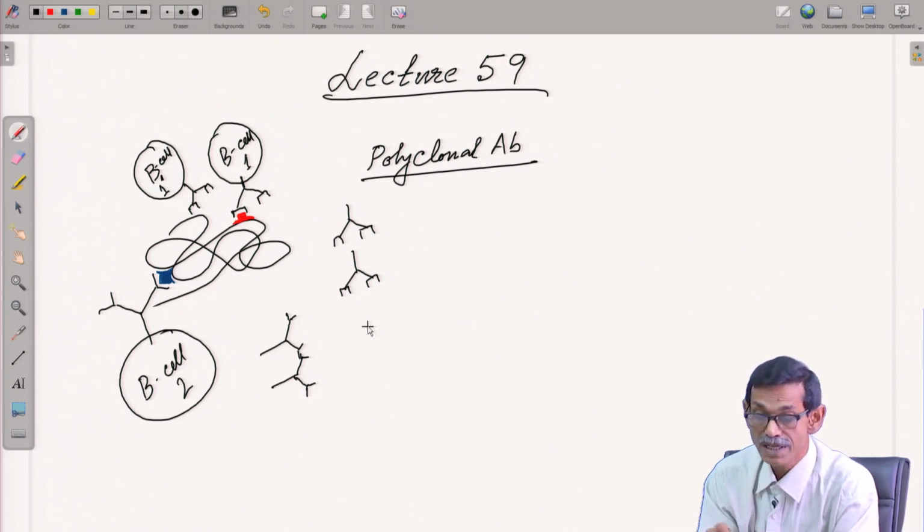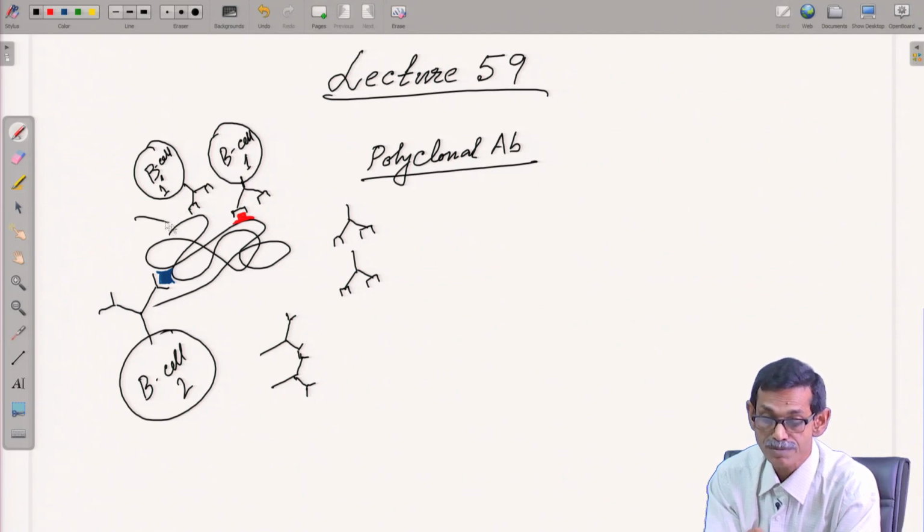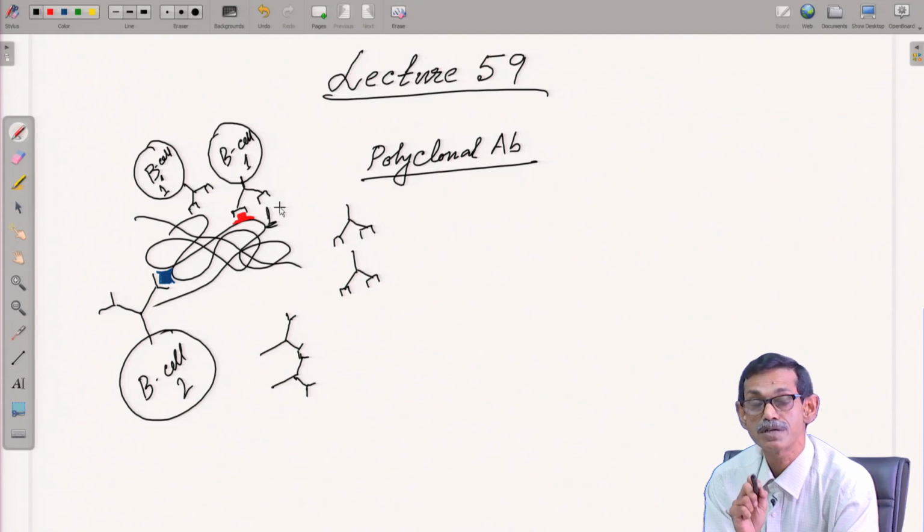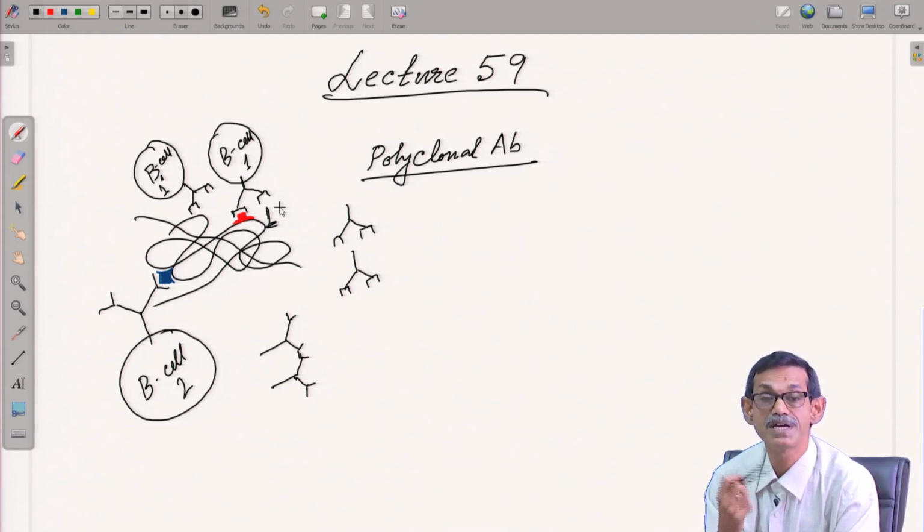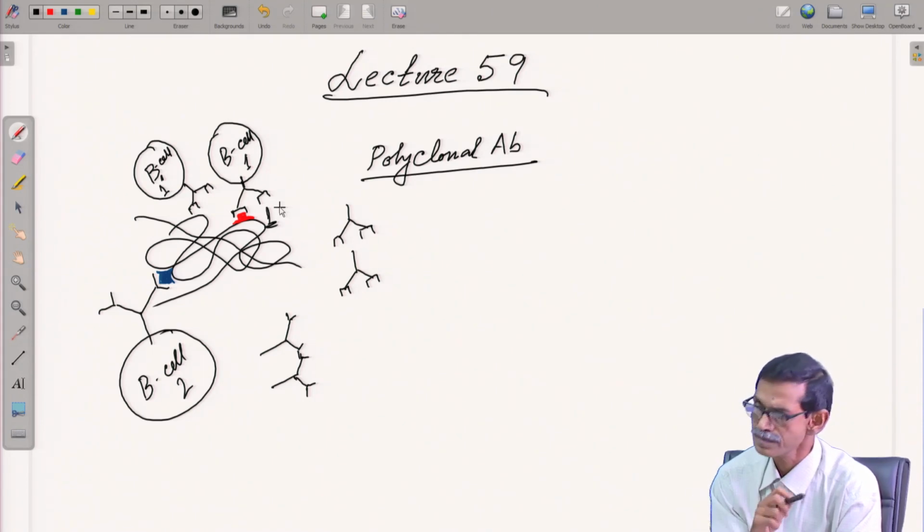Even if only one epitope is present, it is polyclonal if it is raised in an animal. We have no control. It is very unlikely that one epitope has only one B cell in the body. Even if it were, we cannot be sure. You have to isolate, purify, sequence and then confirm. So, normally we say it is polyclonal.